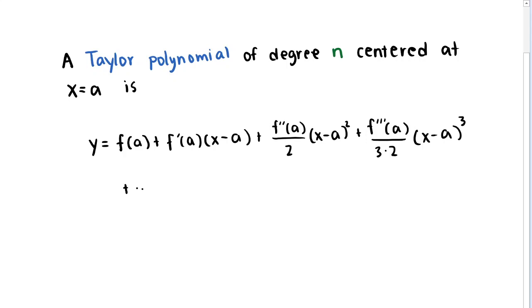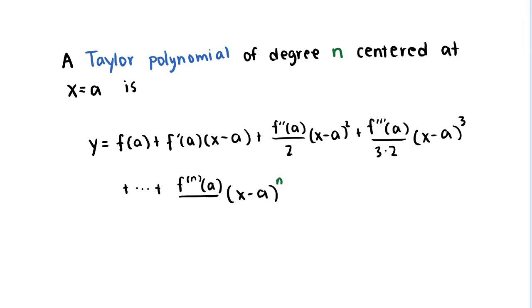And this would be the case for all of the terms, all the way up to the nth term, right? So here we take the nth derivative evaluated at a. There would be this factor of x minus a to the power n. And this would be divided by n, divided by n minus 1, divided by n minus 2, all the way down to 2 and down to 1.